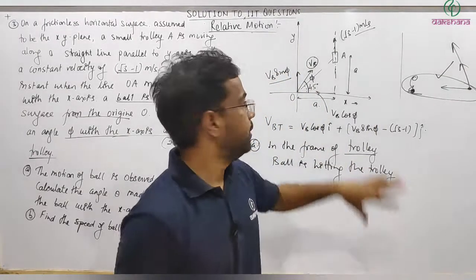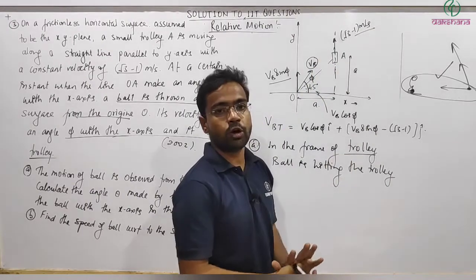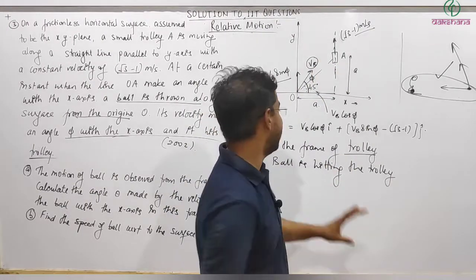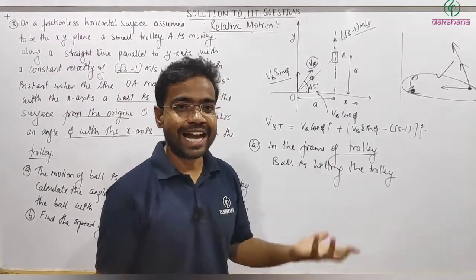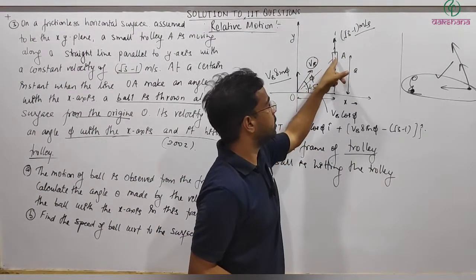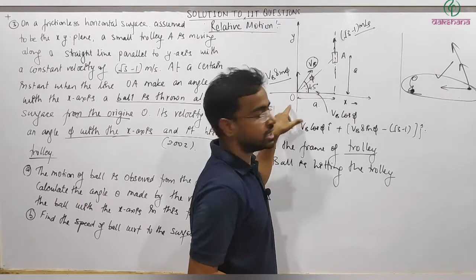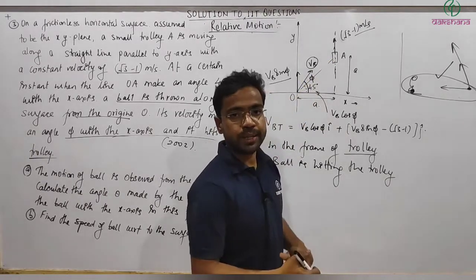Now, when we are sitting in the frame of the trolley and it is clearly mentioned that the ball hits the trolley, what does it mean? It means that from the frame of the trolley, the ball must be projected by targeting the trolley.